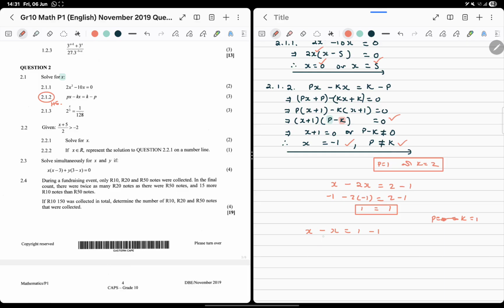Because x minus x is 0. So of course, now remember, we're not going to try and solve this immediately. We're going to put the value of x that we got when we say these two are equal, just to show you that it wouldn't work. So this is minus 1 minus into minus 1.